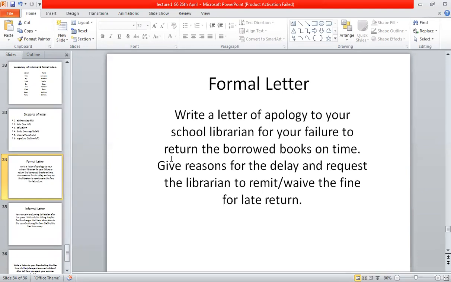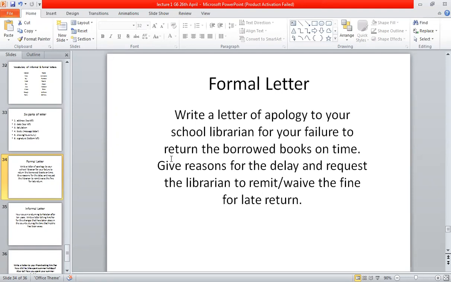For example, last month I borrowed some books from the library. The due date to return the books was, for example, 5th May, but I could not return them on time.